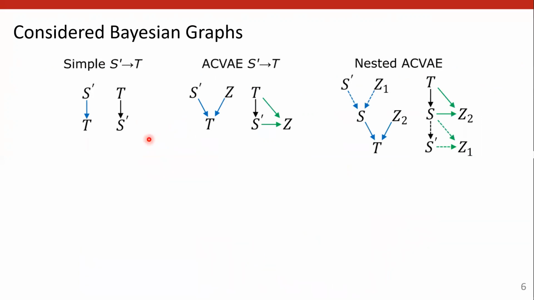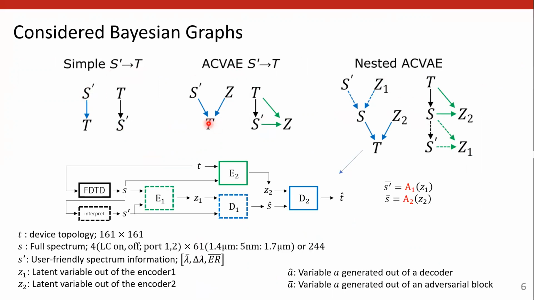And out of this device, we can come up with these different statistical dependency models. Here, S prime is the user-friendly spectrum information, which cares only about the specific wavelength windows that matter for the actual spec, the actual extinction ratio that determines the performance of the device.